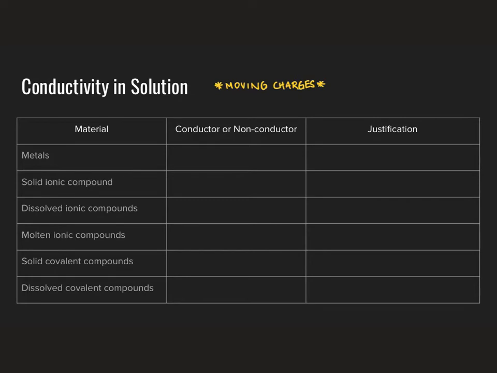So, starting off here, if we're talking about a metal, metals are obviously conductors. And we have seen in our discussion of metallic bonding why that metal might be considered a conductor due to the sea of electrons. That is, those outer valence electrons are generally loosely held by the large metal atoms and therefore experience very small changes in potential energy as they move from one atom's valence shell to the next.